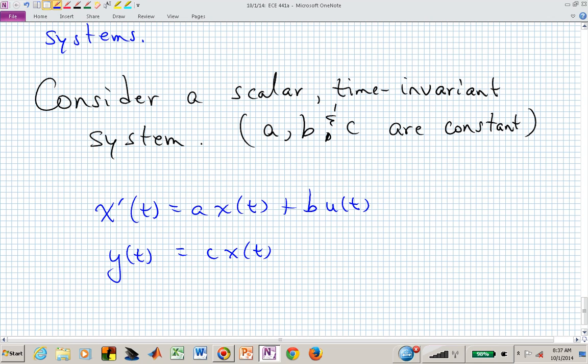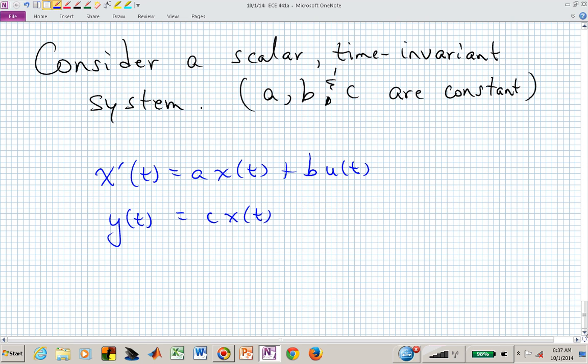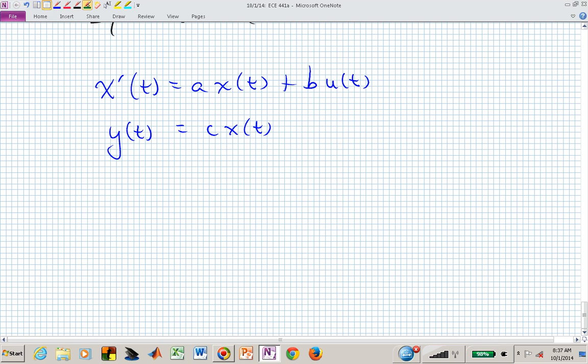It's not this tall, thin column. It is a column, but it's just one high. Let's now Laplace transform that. We want to find the transfer function, and we should be able to do that for a scalar system.